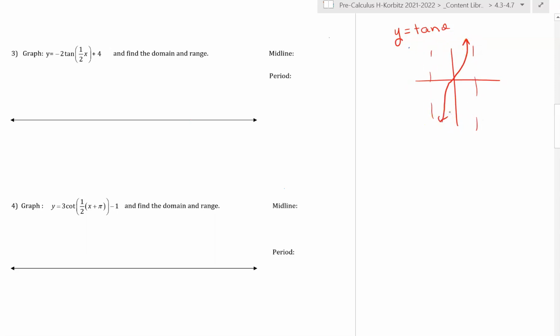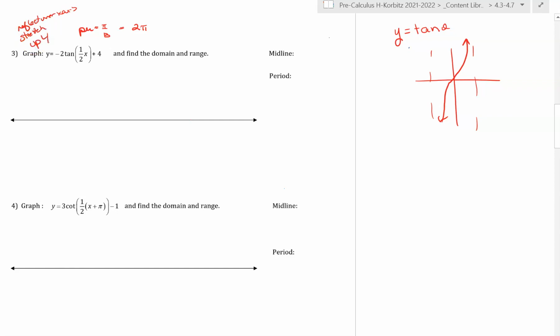The period is pi, because if you remember, the asymptotes were at negative pi over 2 and positive pi over 2. But here, the period will be 2 pi, because we have a horizontal stretch by a factor of 2. We're going to reflect over the x-axis, stretch it, and move up 4.